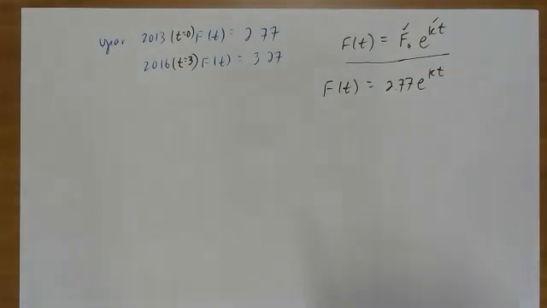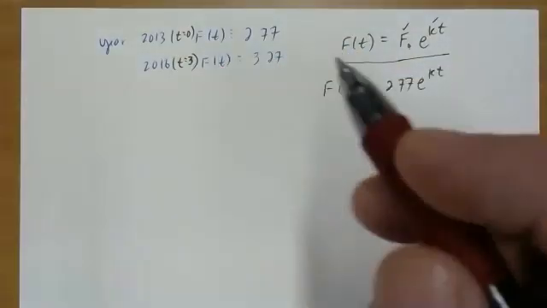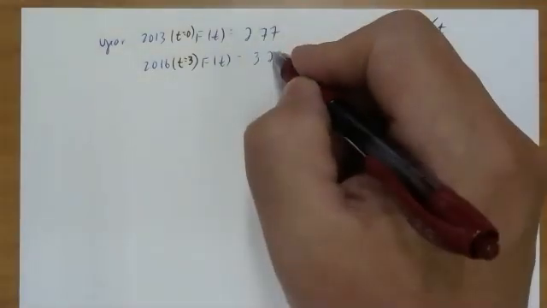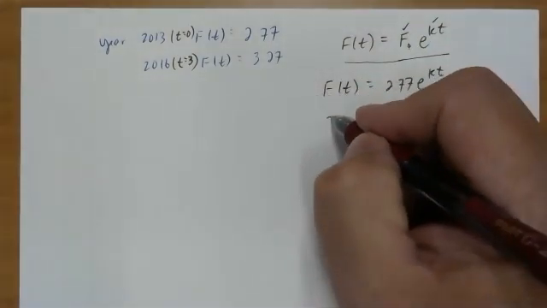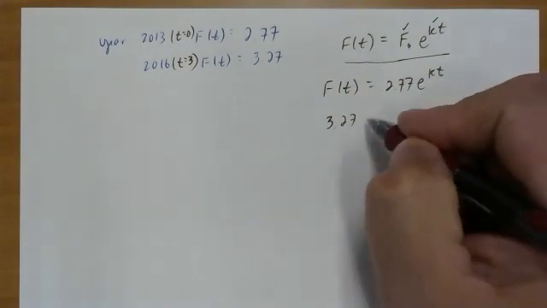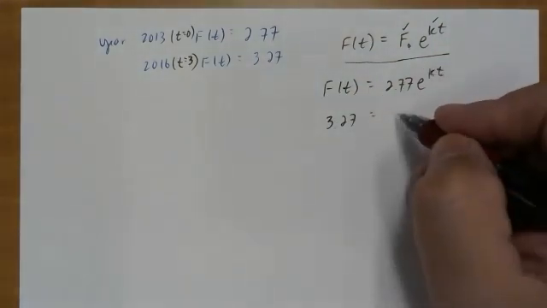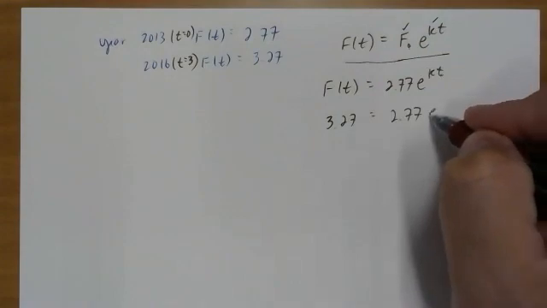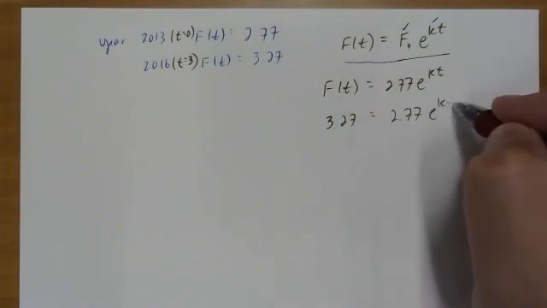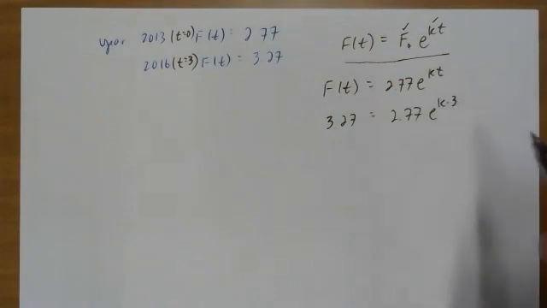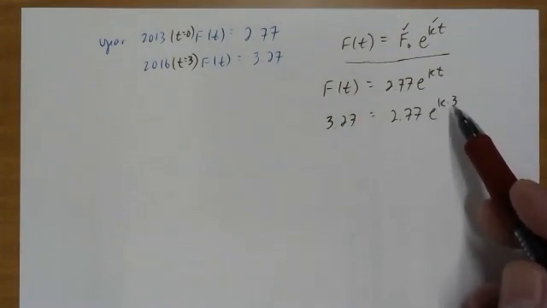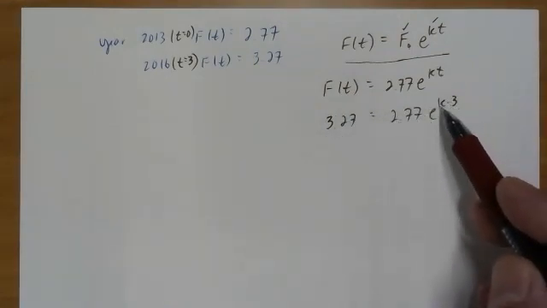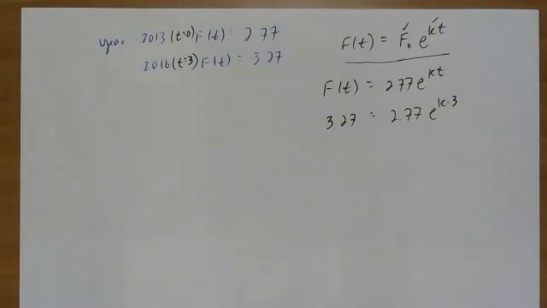I'm going to plug in 3 for t and plug in this amount for my function. Look here, the only thing that's not defined is k. And you know what I can do? I can take this equation and solve it for k to figure out what the number for k is.